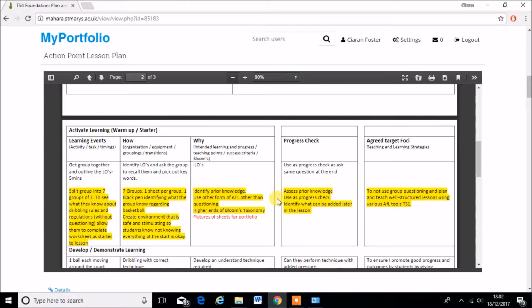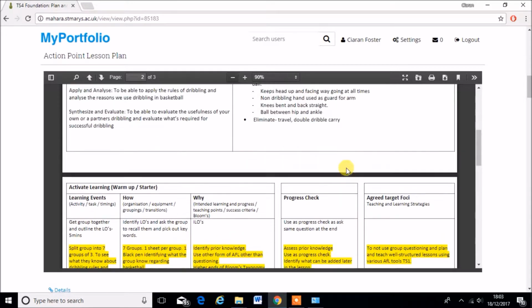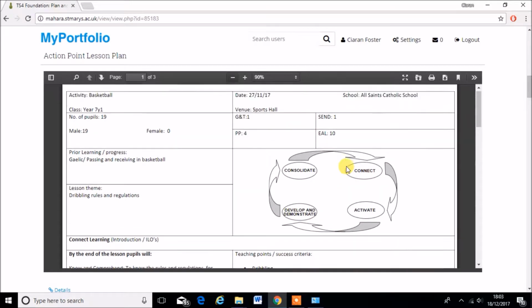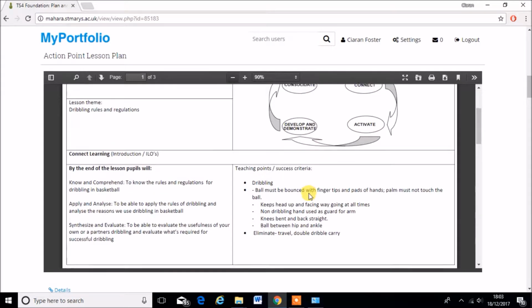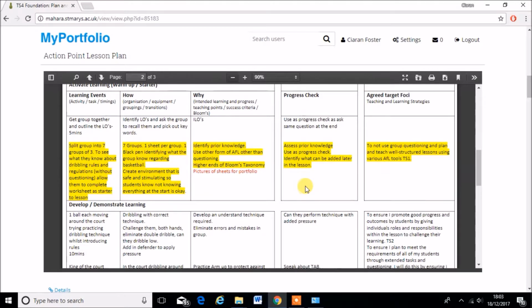So my plan was to split the group into 7 groups of 3. At the start of the lesson each group of 3 would have a sheet, because I was looking at basketball, the rules and regulations of dribbling in basketball.